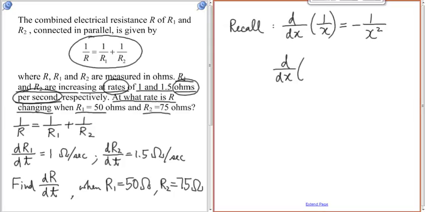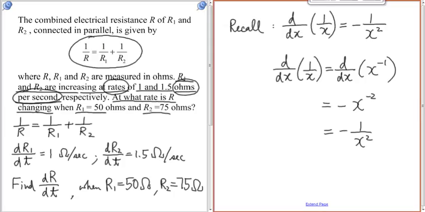Let's refresh our memory. We turn the 1 over x into a power function, x to the negative 1, and then we can use the power rule to take the derivative. We bring down the exponent and then decrease the exponent by 1. And then finally, we turn it back into fraction form, negative 1 over x squared.